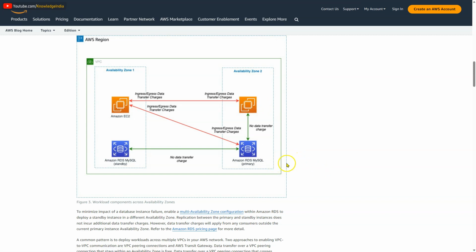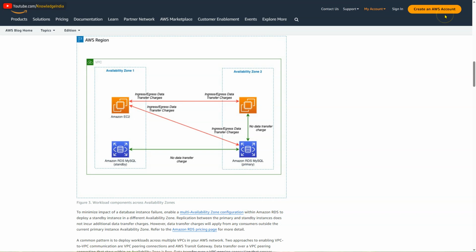That means you will have 2 RDS instances, one primary and one standby. In multi-AZ RDS, all the requests are always answered by the primary node. So the EC2 instance in availability zone 2 is sending traffic to the primary, and the EC2 instance in availability zone 1 is also sending traffic to the same RDS primary node.